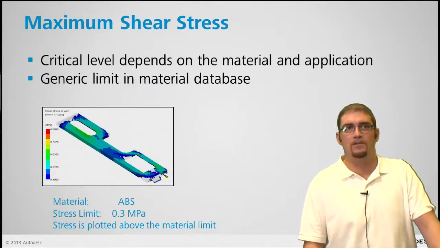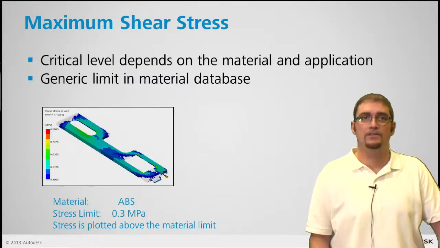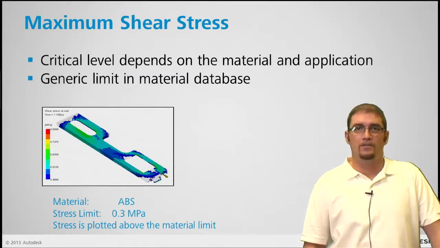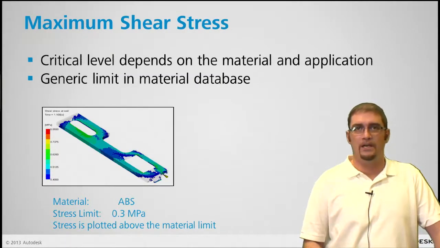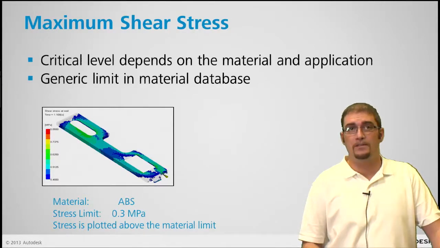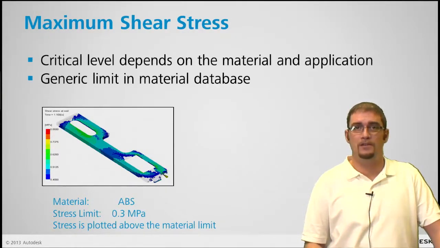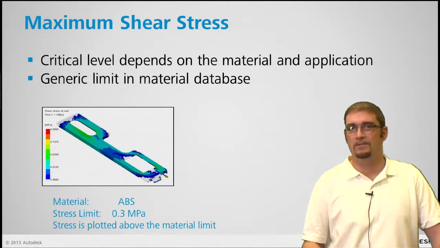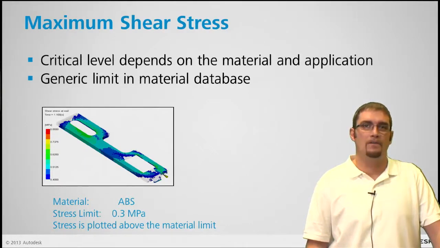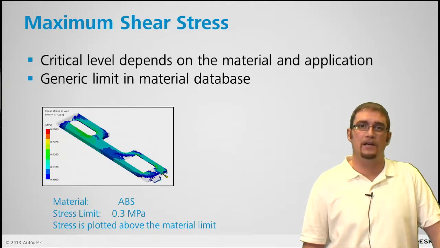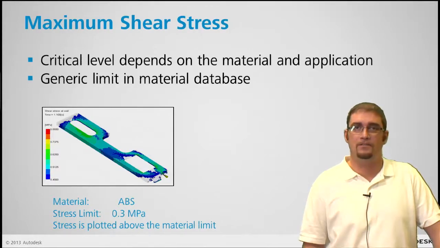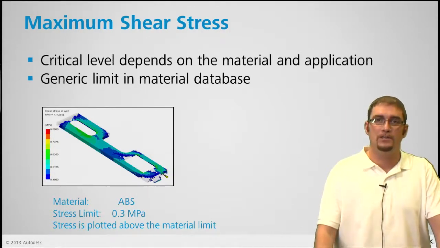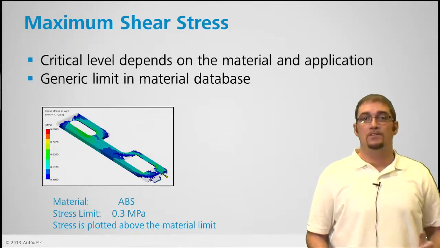Other things to take a look at would be maximum shear stress. So you want to be aware of the critical level, and what is a critical level? That'll be dependent on the material you're using and the application. So, optical parts might be a little more critical of this than maybe a children's toy. We do give you some guidelines in the material database under the properties of each material, but just keep in mind that these are general guidelines.